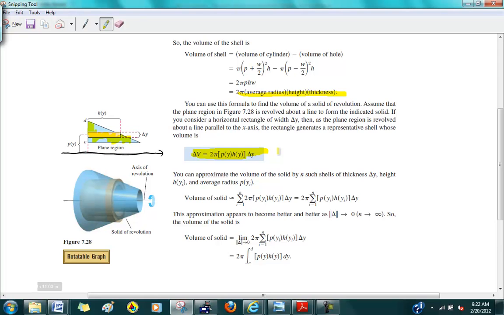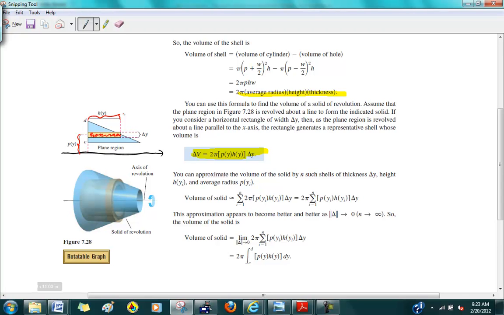So what they are saying is that the volume of a shell obtained by just rotating this one rectangular region like that, about the blue line there, will create a volume called delta V, and it's given by 2 pi times p of y, this average radius, times the height of the shell, h of y.